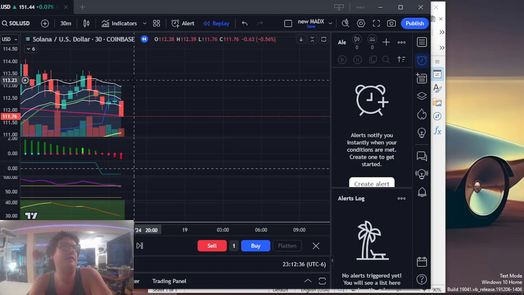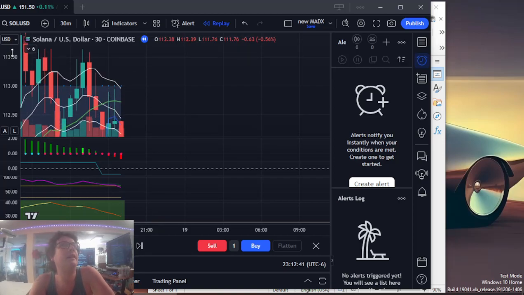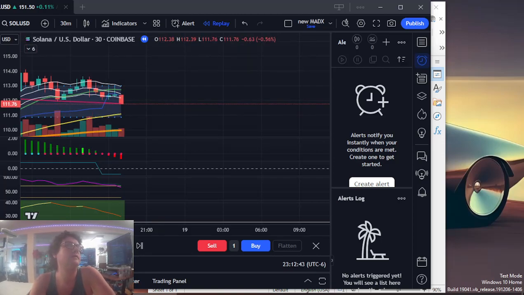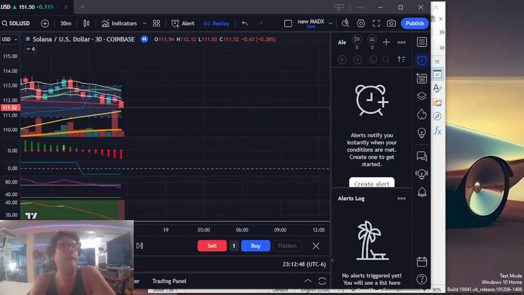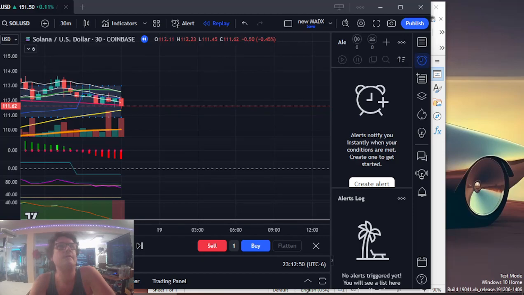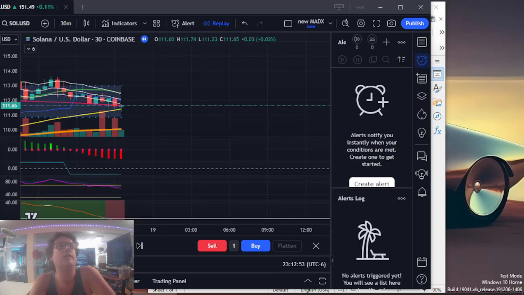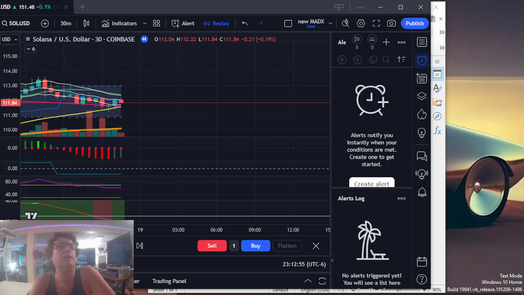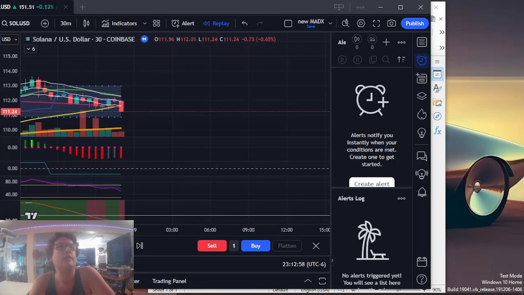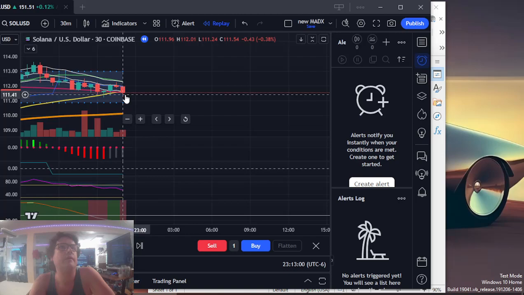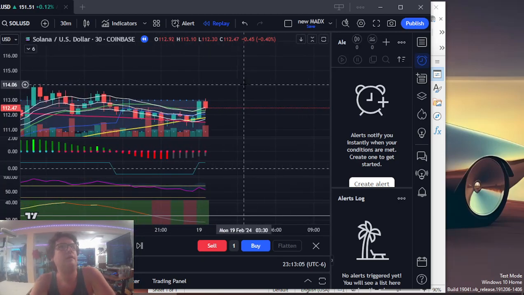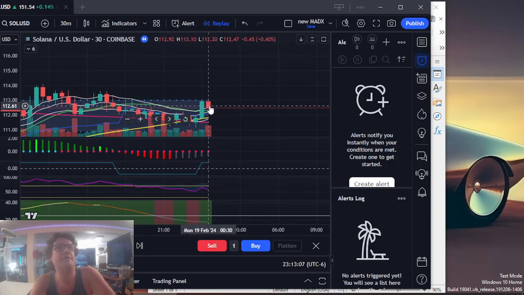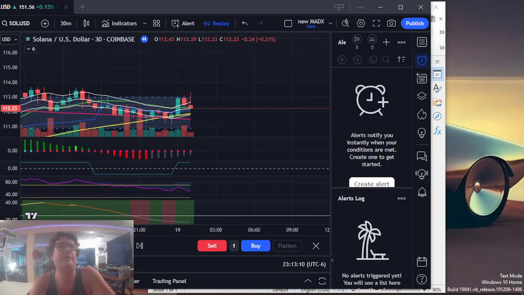Getting a bit of a trend line here. Will we get a trend line break? Does this touch the middle line? Nope. No, let's get about 80x. This was a trend line break. I bet it's going up.